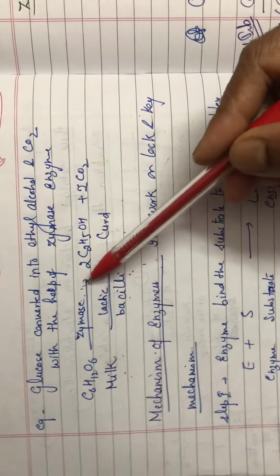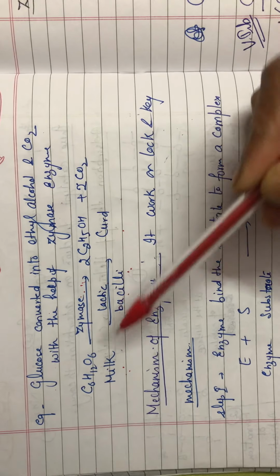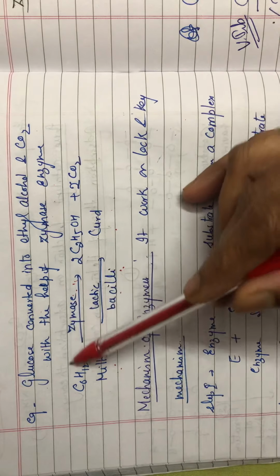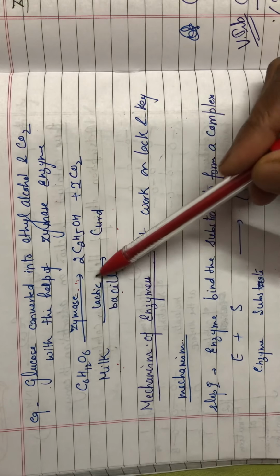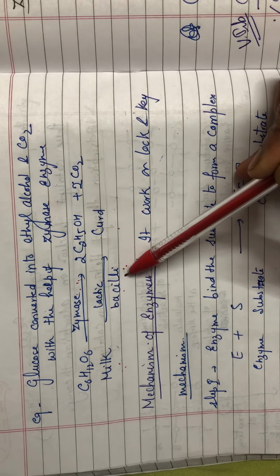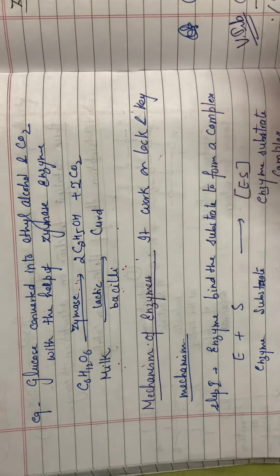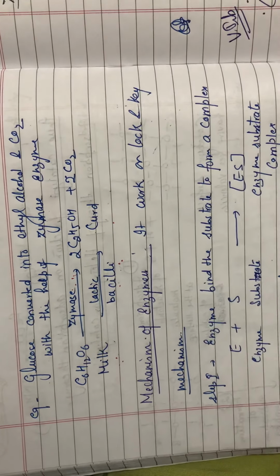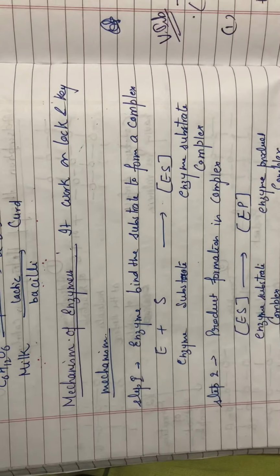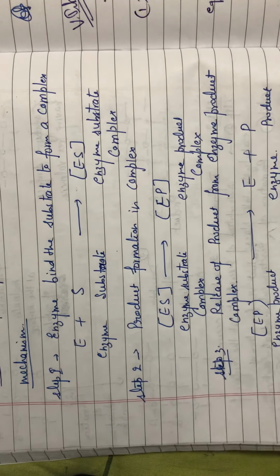Here, zymase cannot act as a catalyst for the conversion of milk into curd. Zymase is fixed for this reaction only. Exactly, lactic bacilli acts as a catalyst only for its own reaction and cannot act as a catalyst for any other reaction. That's why enzymes are quite specific in nature and work on the lock and key mechanism.